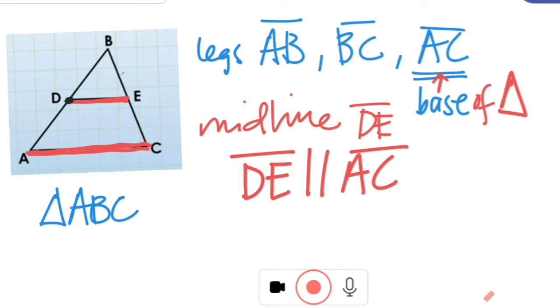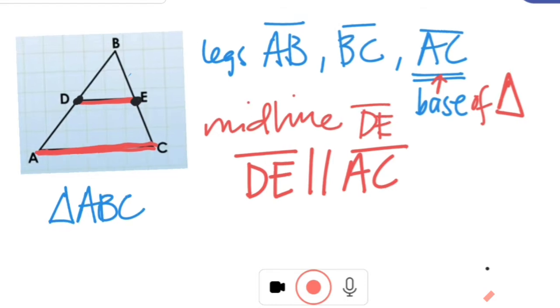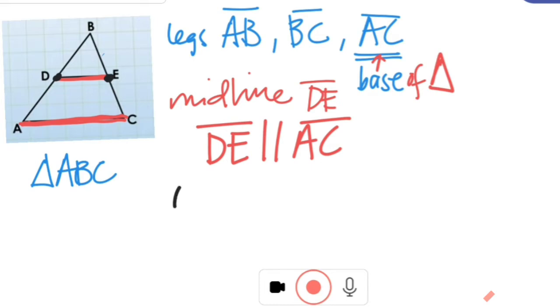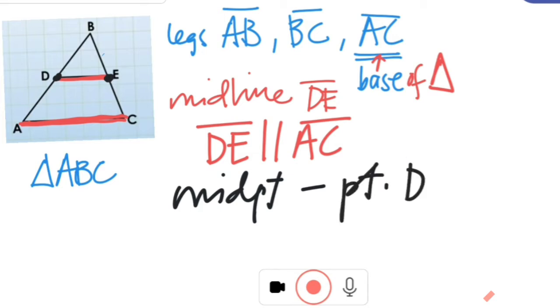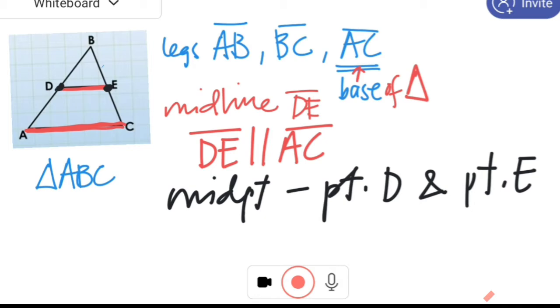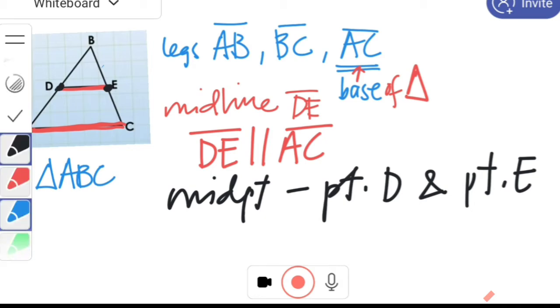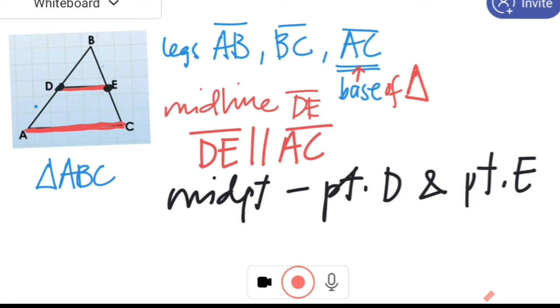Okay, point D and point E are what we call midpoints. When we say midpoint, this is a point. We have there point D and point E. This is a point that divides the given segment into two equal parts.